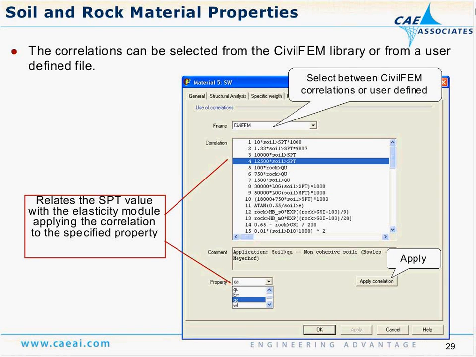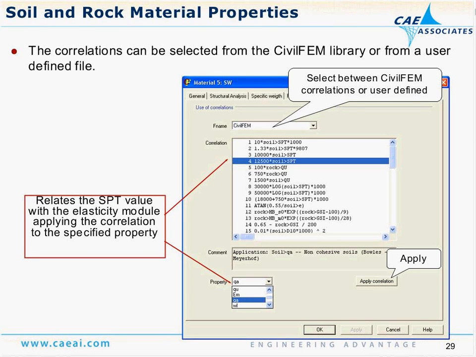Another thing that CivilFEM provides, either automatically or allowing the user to define, is what it calls correlations. And probably the most common one in the geotechnical area would be a correlation between the standard penetration test and maybe the modulus of elasticity. So you can specify a correlation so that the properties that CivilFEM will use will be appropriately scaled, modified, based on some equation that you define.